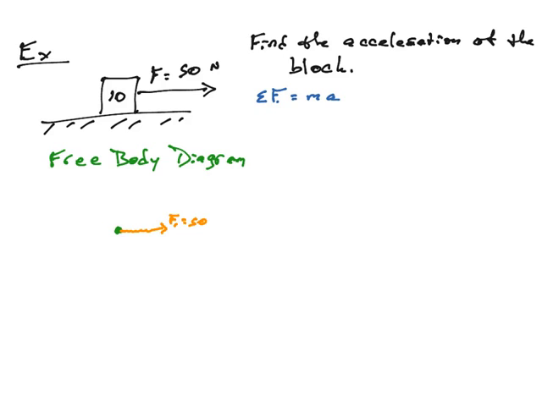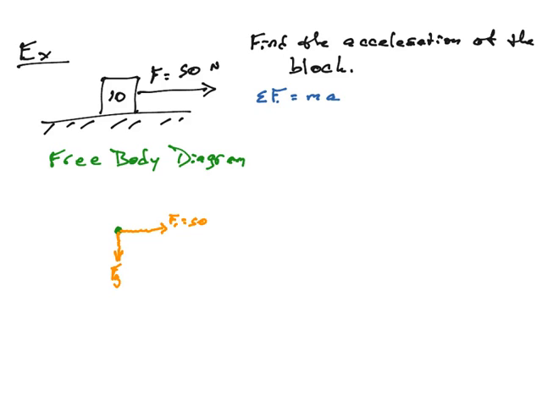Do I have any other forces in this problem? Technically, I do. Gravity is always acting in these systems. So I know there's some amount of gravity pulling down. Call it Fg. That's the force because of gravity.